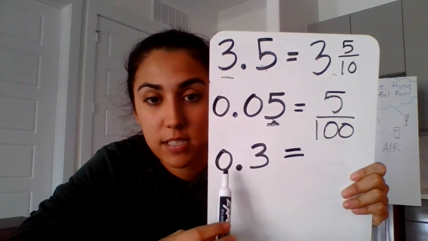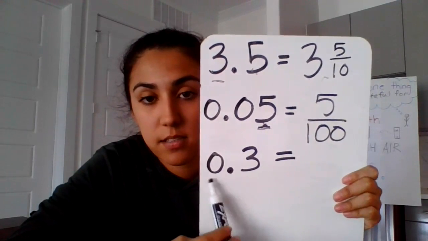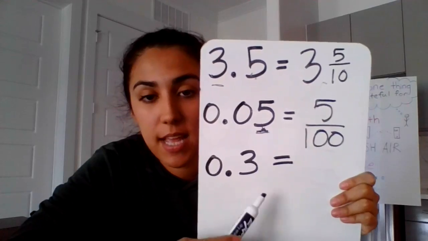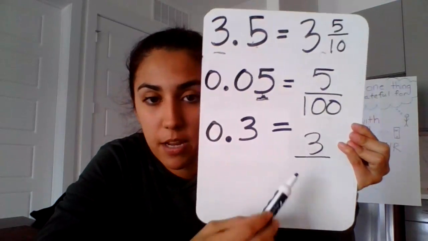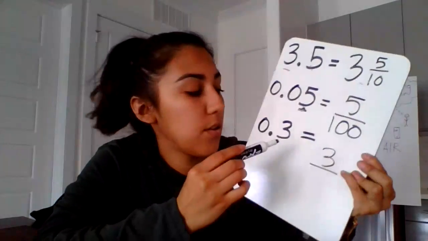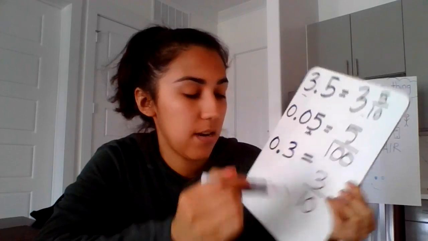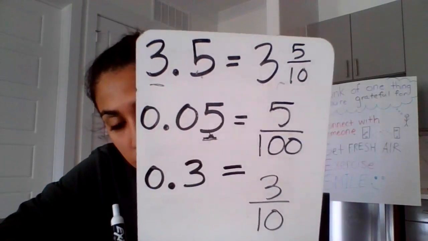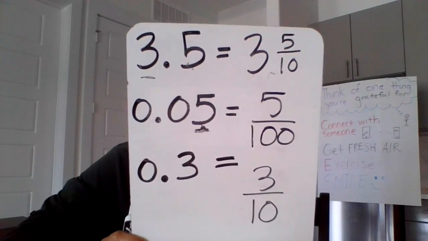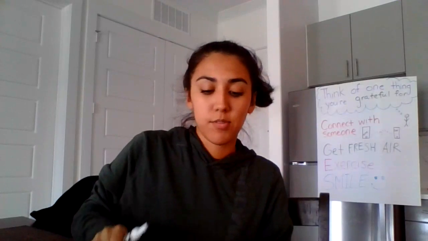Let's read this last decimal. 0 and 3/10. So here's my 3. So what number am I going to put as my denominator? That's right. We're going to put a 10, okay? Awesome sauce. All right, let's move on to the next column.